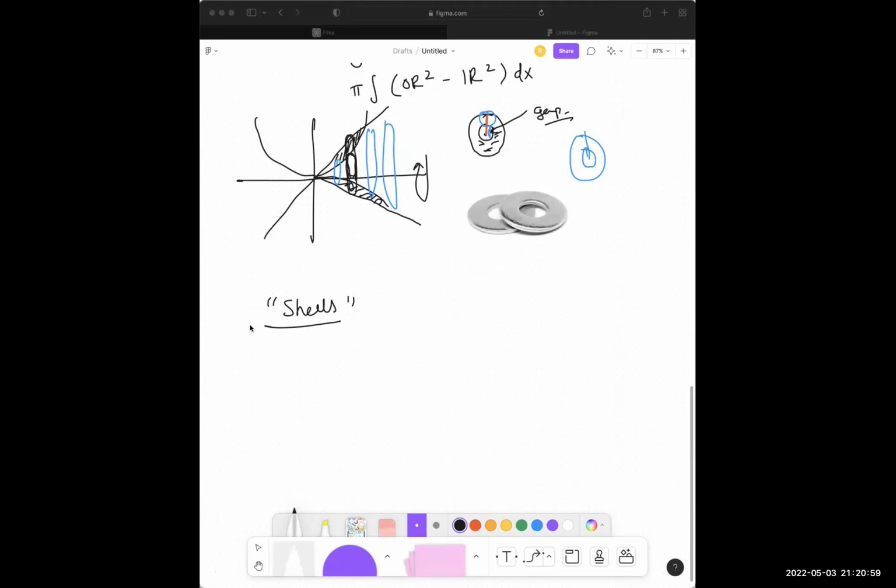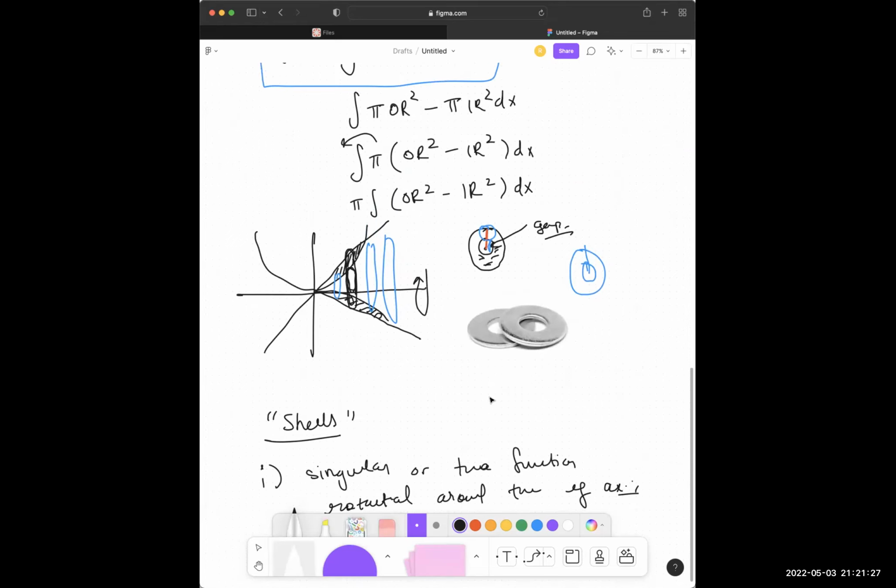Now, the use case for this particular one is when we have a singular function or two functions rotated around the y-axis. So, if you're going around the y-axis, you're more than likely going to use shells.